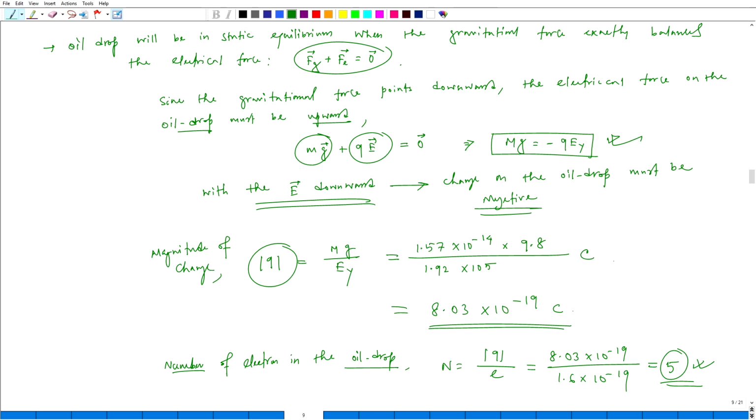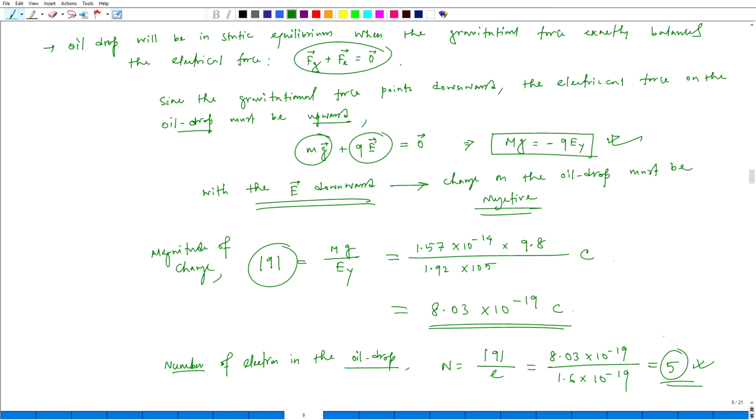This suggests that the charge is quantized. That means the charge of an oil drop is some multiple of the electron charge. This is the quantization of charge.